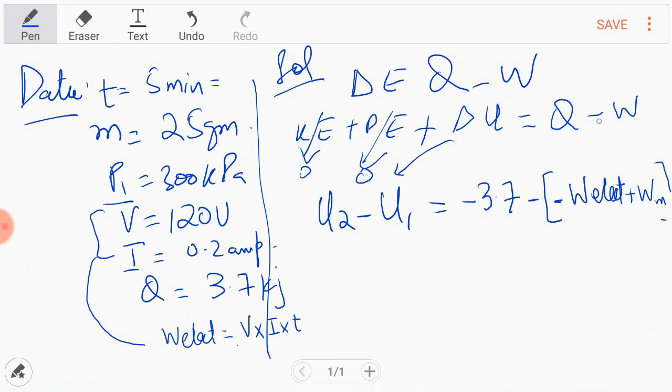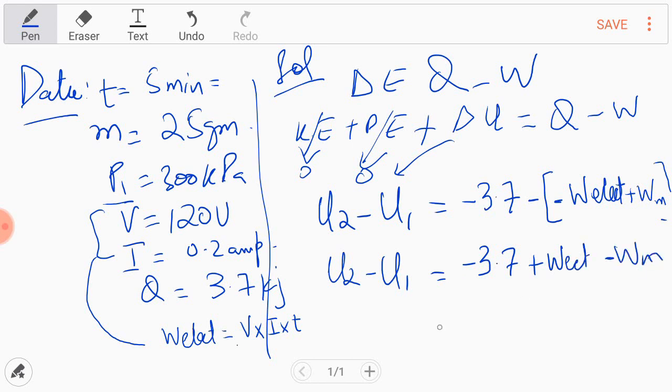The formula's negative sign is over here, so when we multiply minus minus, it becomes positive. So u2 minus u1 is equal to minus 3.7 plus W electrical minus W mechanical. Now, in the electrical minus sign, we shift this mechanical over here.